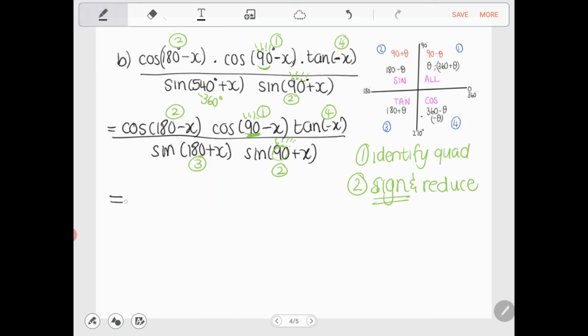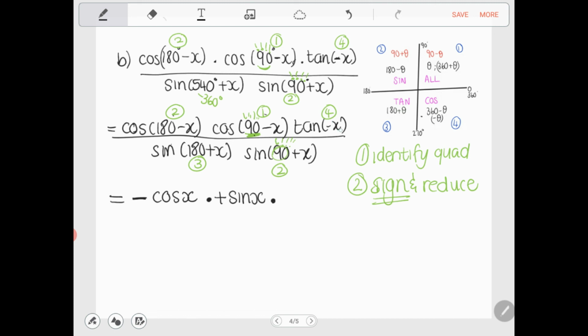So cos in the second is negative, so we do negative cos of x. Okay, cos in the first, see how I'm saying cos in the first is positive, but now that 90 changes cos into sine of x.